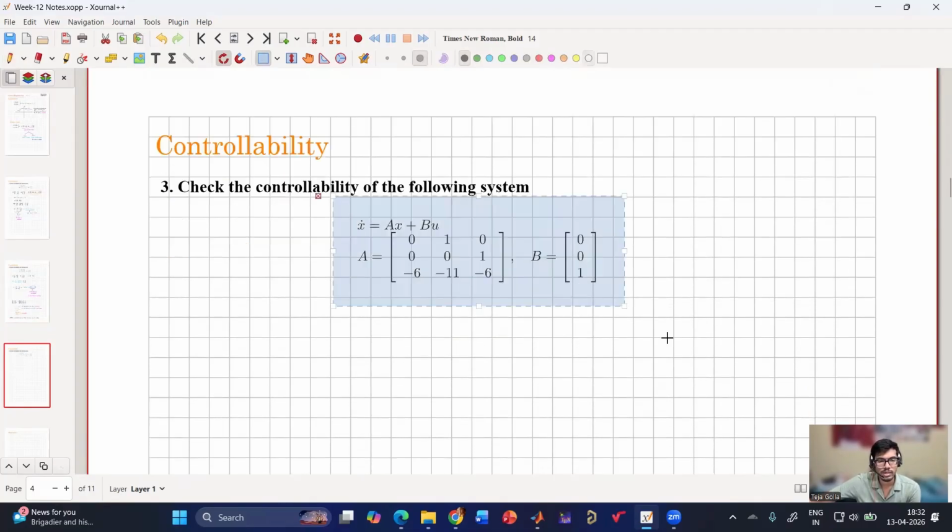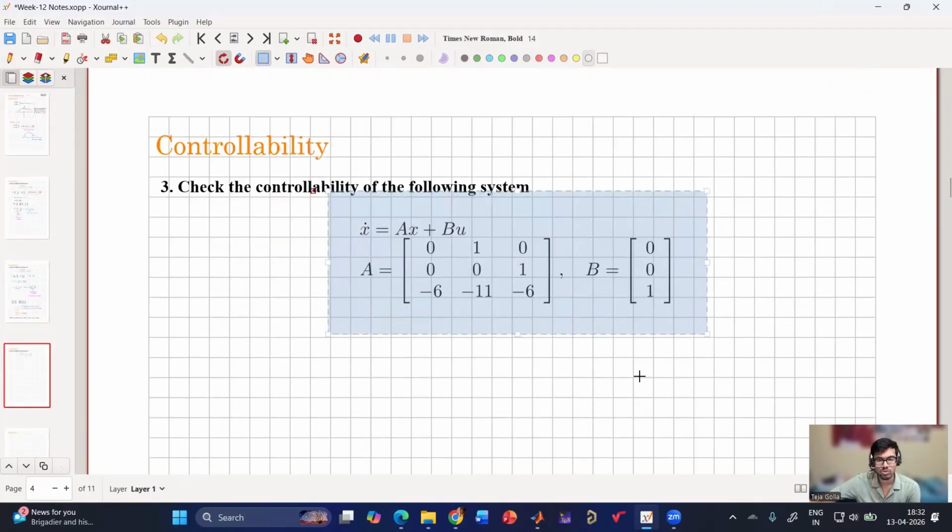So now for the third problem here, I have considered a third order system. So let us solve this. Controllability, same.